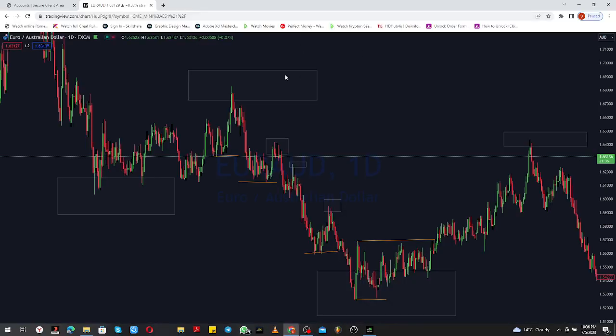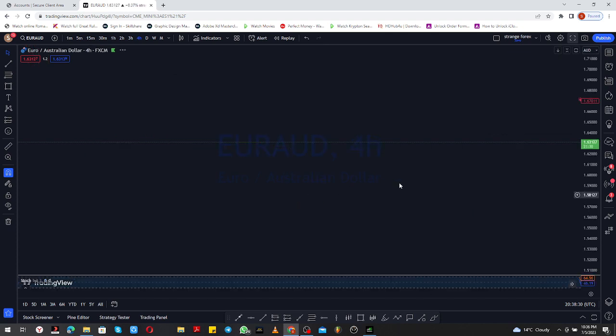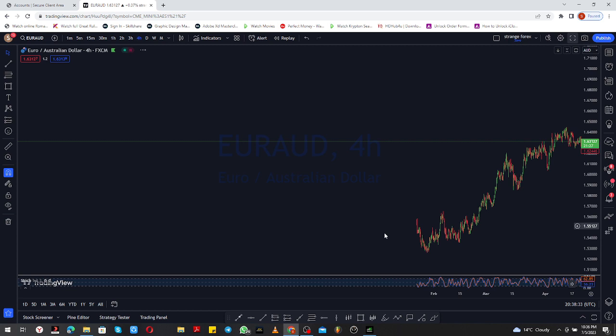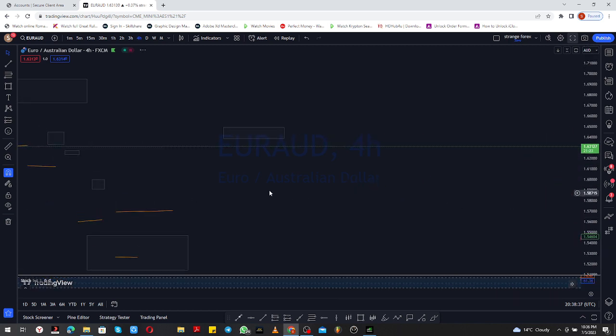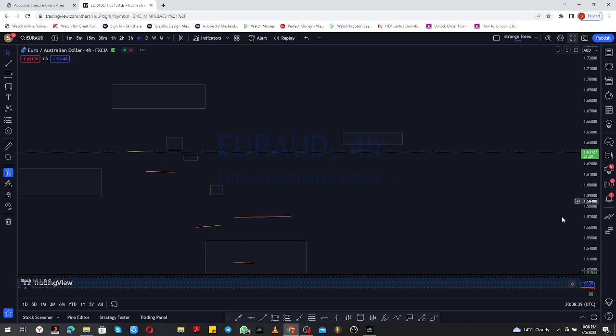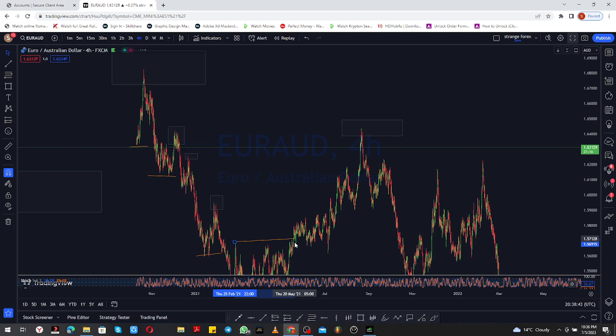But again, if we go to the 4-hour time frame, we will find the same thing. As we scale into the smaller time frames, we find the same thing, guys. The market is doing something similar, because price is fractal, like I said, right?